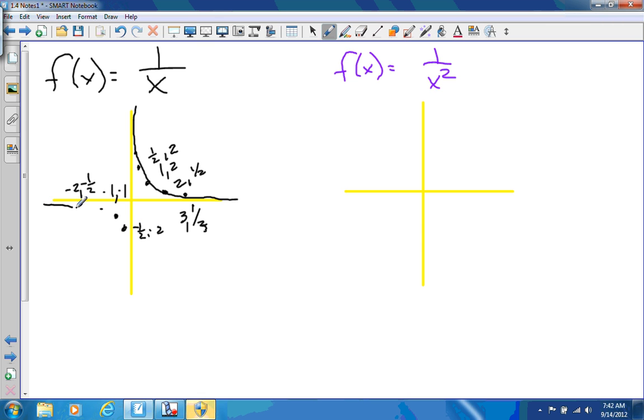And so then this part will curve this way. Now the domain for this would be all reals except for 0. So all reals not equal to 0. The range will be the same thing.